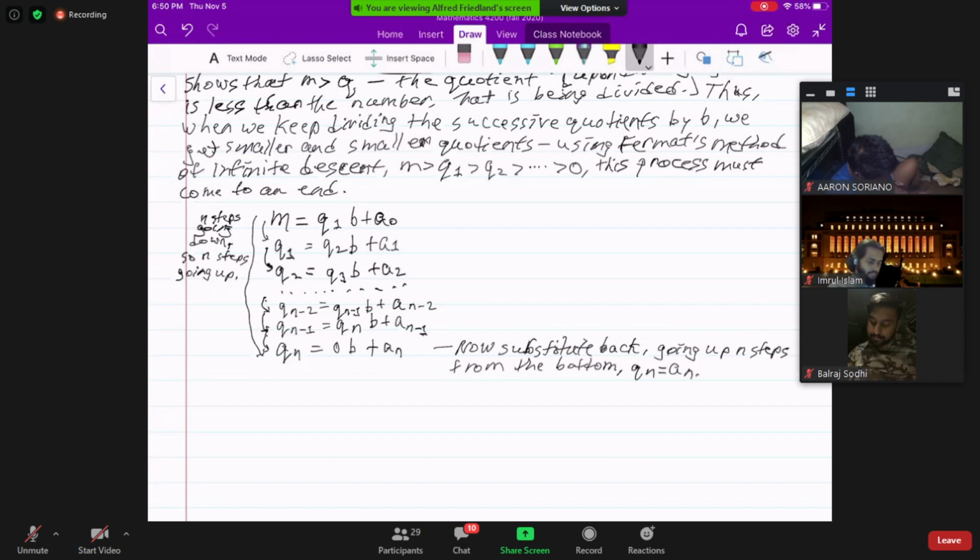Okay, so when we do that, I'll rewrite it. q sub n equals a sub n, and now we go up 1 step, which says q sub n minus 1 equals q sub n, but q sub n equals a sub n.